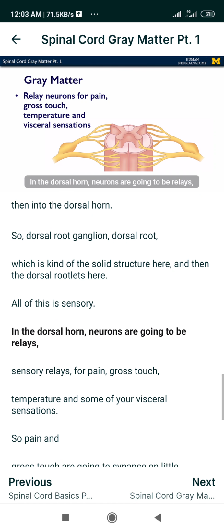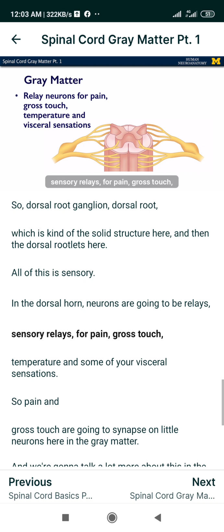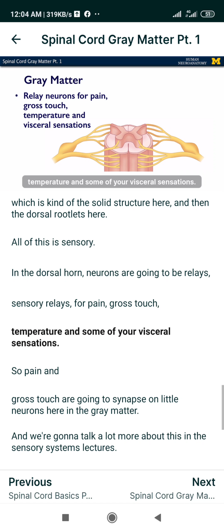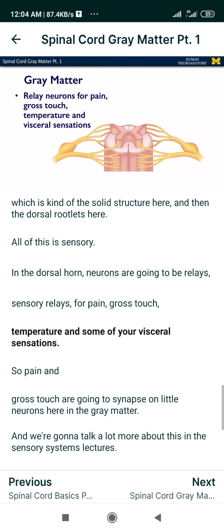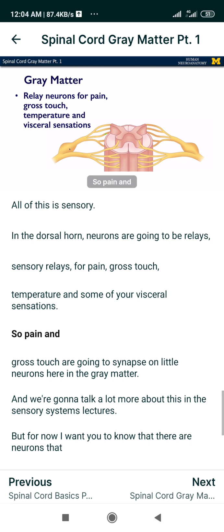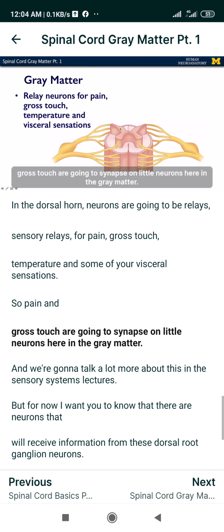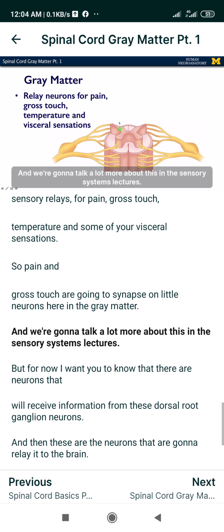In the dorsal horn, there are neurons that are going to be sensory relays for pain, gross touch, temperature, and some of your visceral sensations. So pain and gross touch are going to synapse on little neurons here in the gray matter, and we're going to talk a lot more about this in the sensory systems lectures.